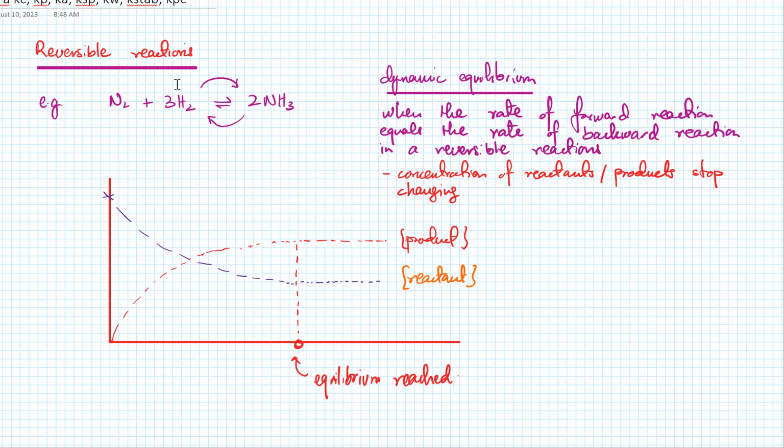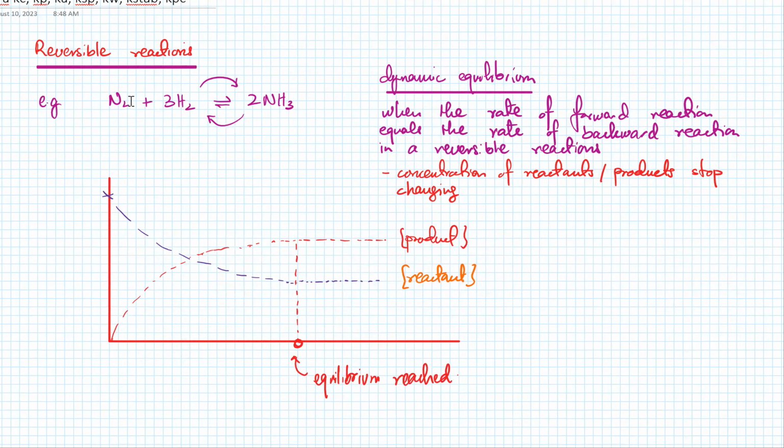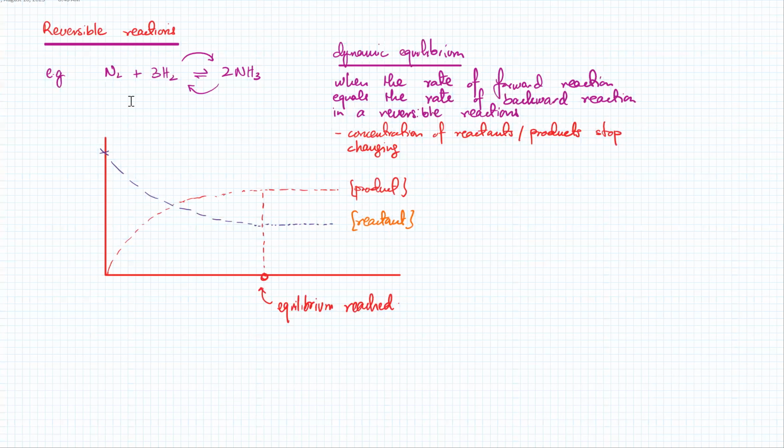Sometimes it would favor the reactants, so you would have a lot of reactants and very few products, but the reaction would still be at equilibrium. Even if you have few products, the concentration would not change because the rate of forward and the rate of backward reactions are exactly the same. So that's your dynamic equilibrium.